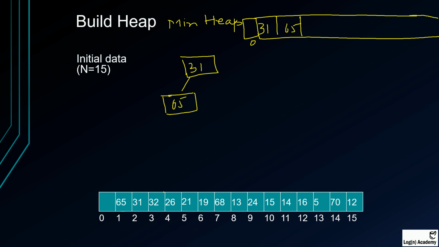Now the next number is 32. Let's insert 32. Is 32 less than 31? No, it's not, so it will remain here. Now let's insert 26. 26 will come here, because remember we are going from left to right.